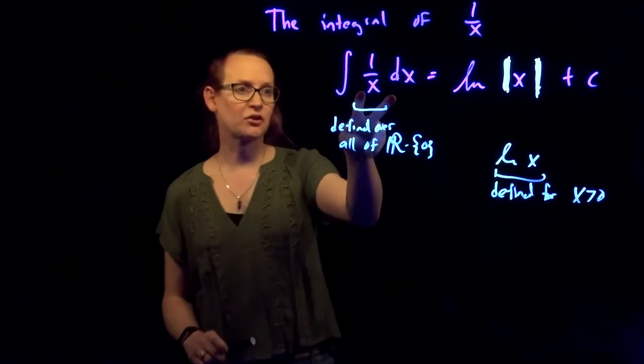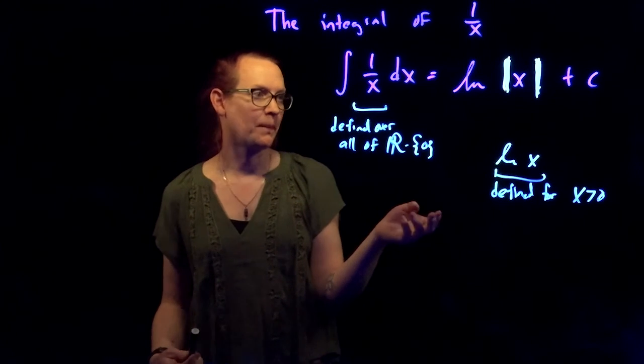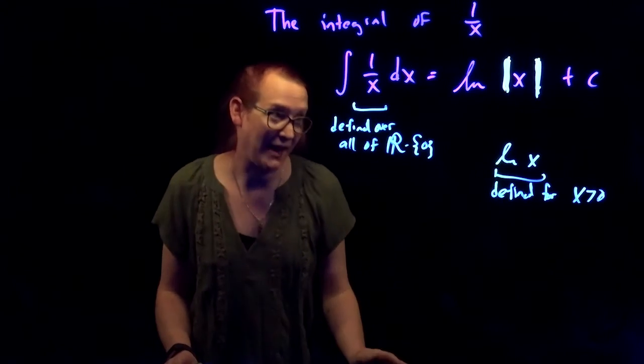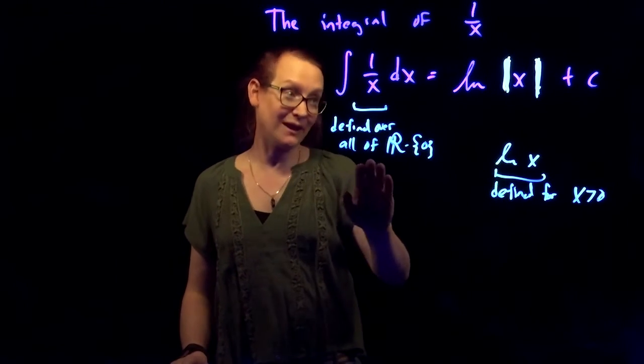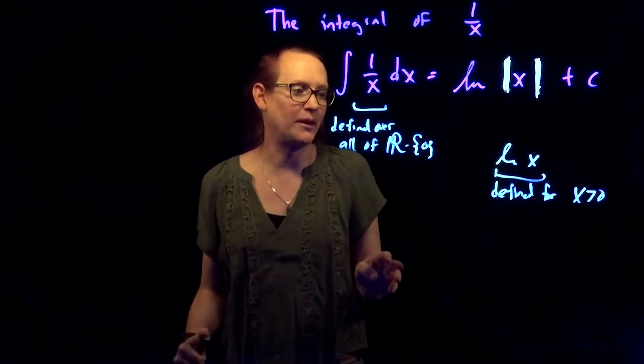Okay, so I've got an integrand that's defined for all of R minus the origin, which means my antiderivative also has to have the same domain. Right? There's no way it can't possibly have the same domain.